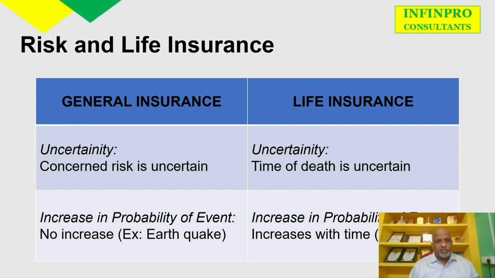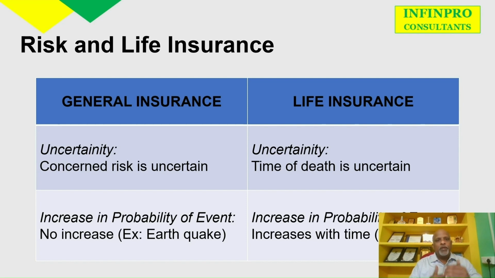both the insurance aspects, for instance general and life, will take care of an uncertainty, right? So uncertainty in both the cases. For instance, in life insurance death is uncertain, and in general insurance the risk, for instance an accident or a fire, is uncertain, right? So moving forward, just to add a few more points, there is an increase of probability.